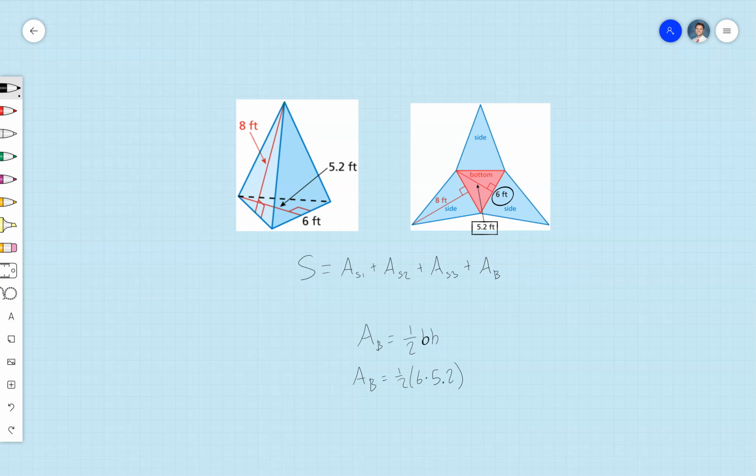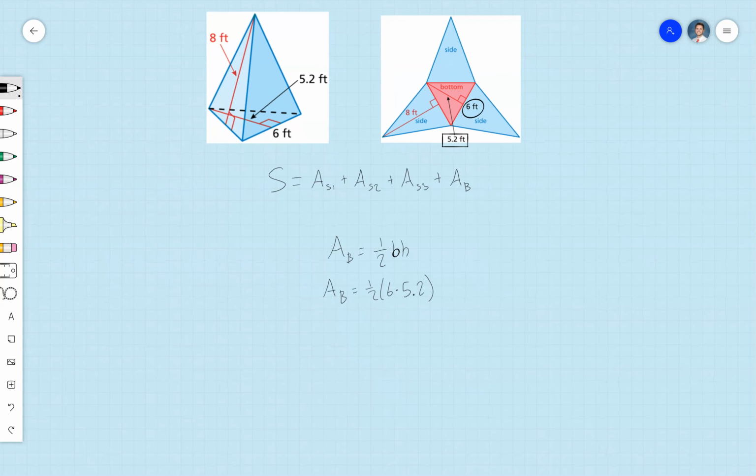So we can multiply here. 6 times 5.2 we get 31.2, and 1/2 times 31.2, which is the same thing as 31.2 divided by 2, we get 15.6.